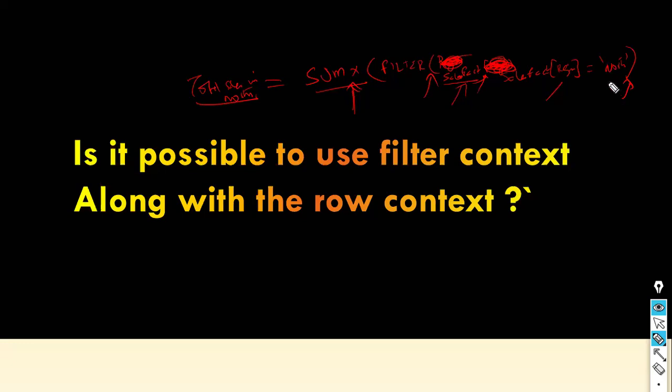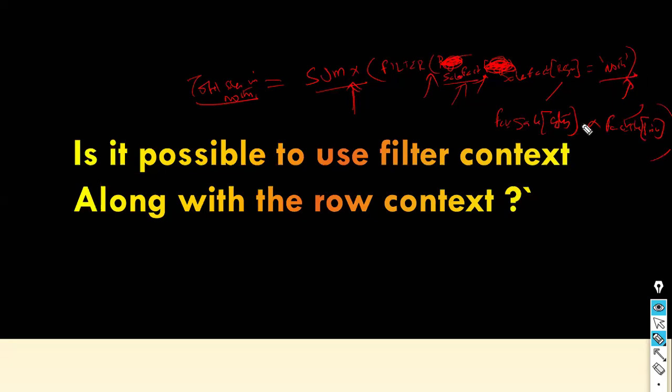In this case, the filter function creates a virtual table behind the scenes. That table will contain only the north region related data, and then it applies the operation on that. Then comma, in the sales fact table you have the quantity column and the price column.